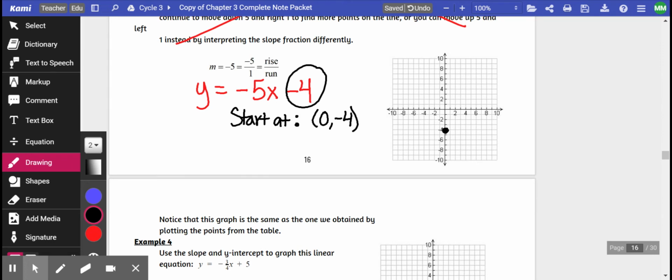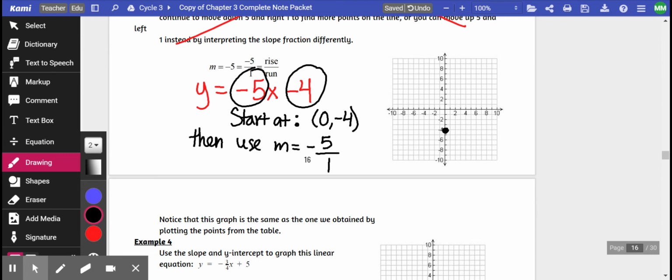I am then going to use the slope. So then use m equals, and our slope is -5. So we can think of this as -5 over 1. And so whenever you have a whole number, you can just put it over 1 in order to figure out how far you go over.